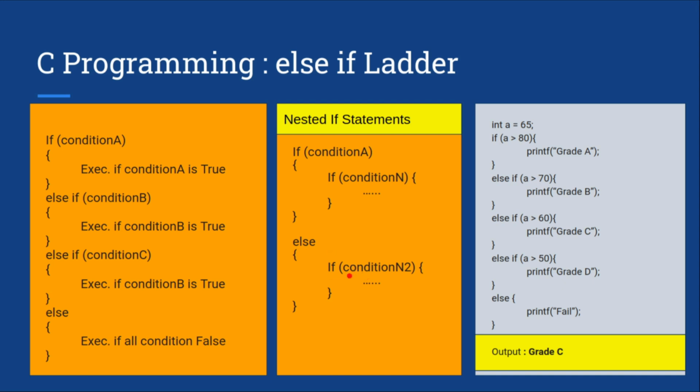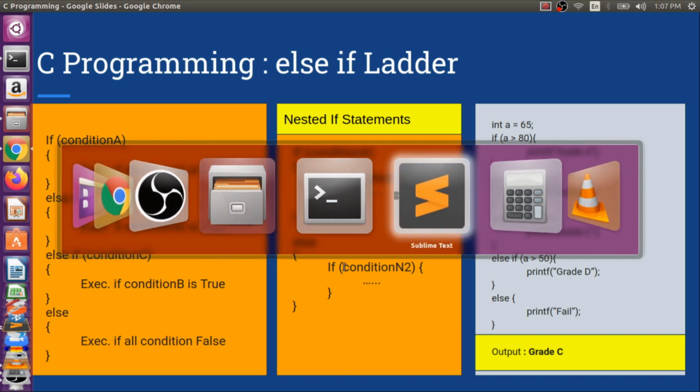Then it will check whether condition N is true or false, execute this part, and then come out of this block and execute the rest of the statements in the else statement. So we will do this program practically, and let's start this practical.